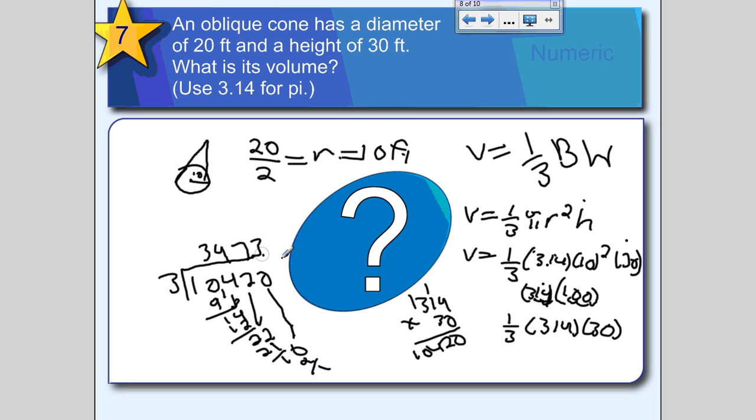So our volume here is going to be 3,473.3 repeating feet cubed.